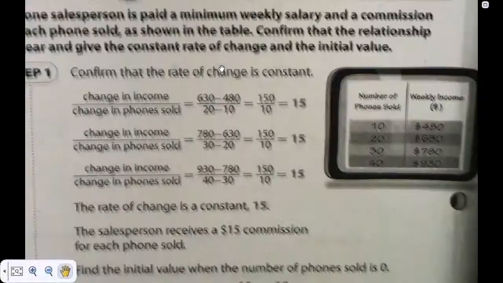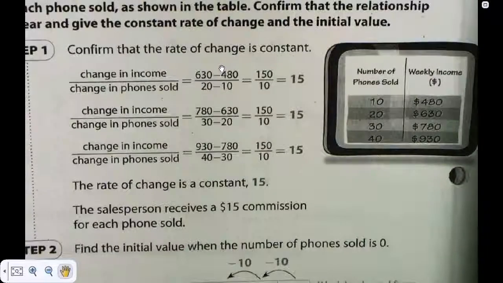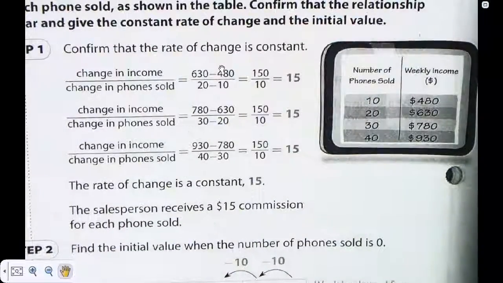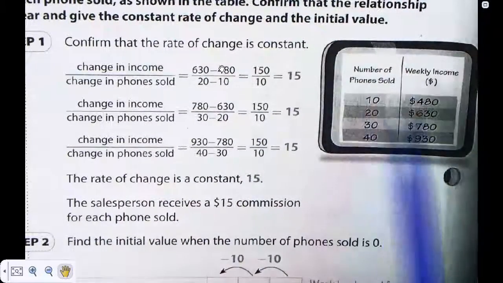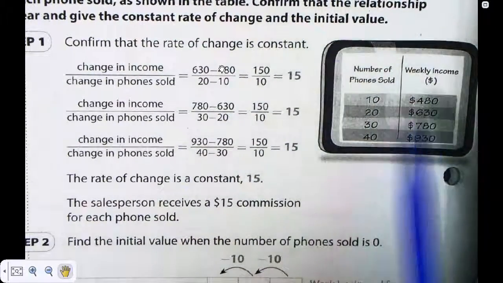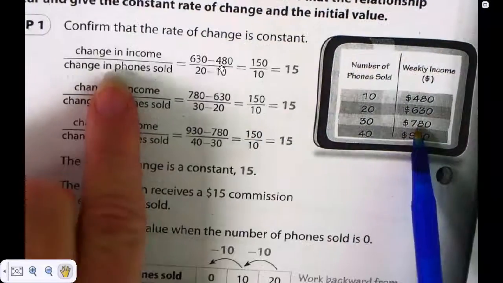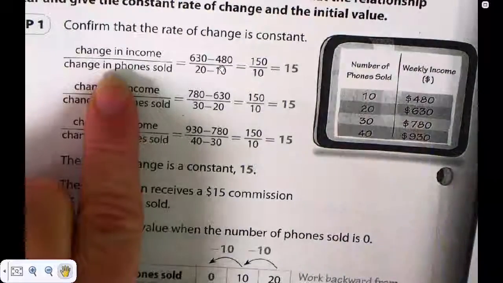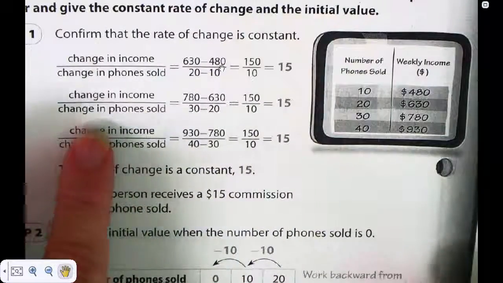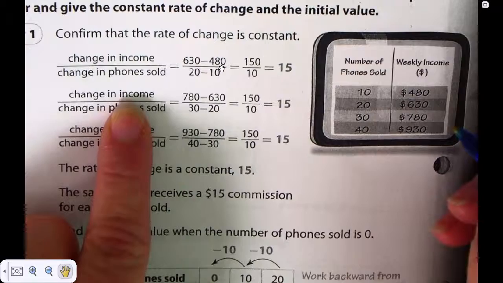Look at this chart that shows what this phone salesman made. He sold 10 phones and made $480, 30 and made $780, and so on. So what they did is they went to see if his rate of change was the same.